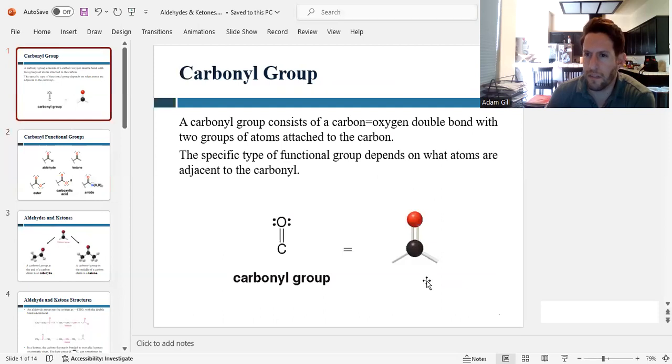So let's talk about the polarity of a carbonyl real quick. Oxygen is very electronegative, much more so than carbon. And so we have a strong dipole going towards the oxygen. And so we would say that the oxygen side is partially negative and the carbon side is partially positive. So it's a very, very polar bond.